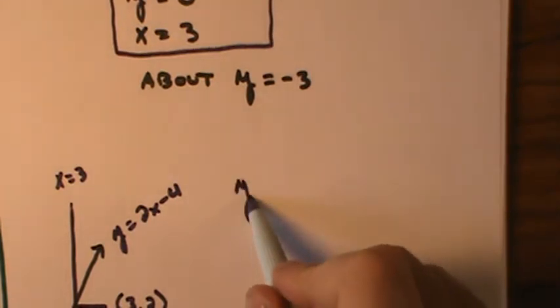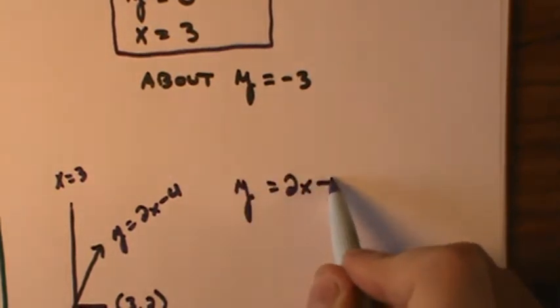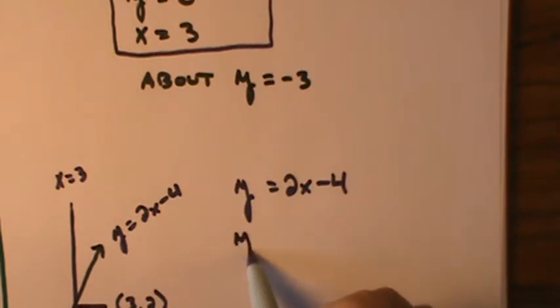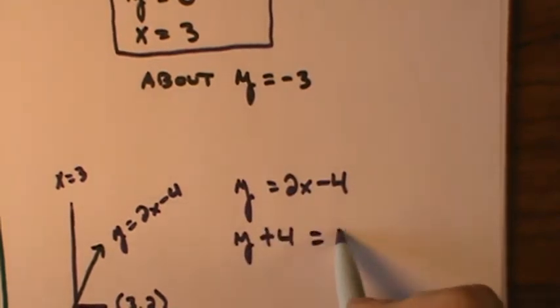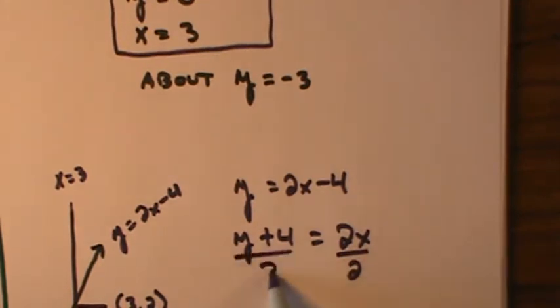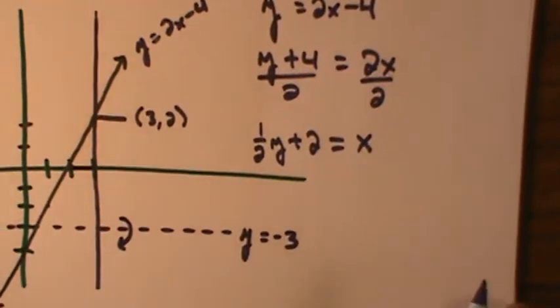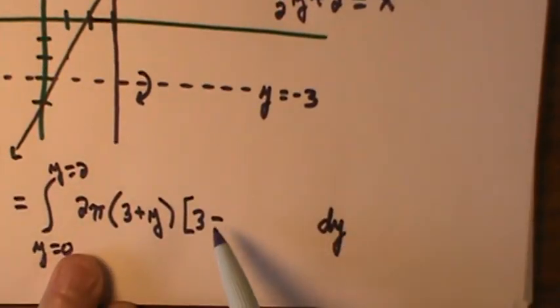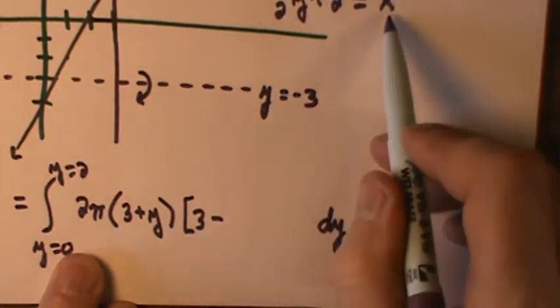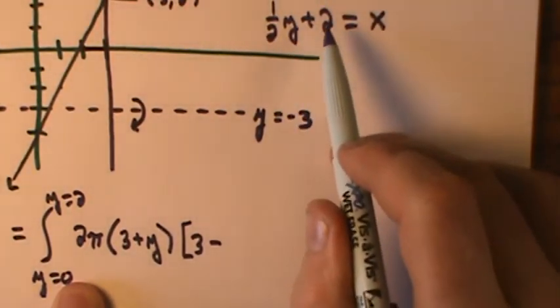So if I have y equals 2x minus 4, I can say y plus 4, by moving the 4 over, equals 2x, and then I can divide by 2. So I can call this 1/2 y plus 2 is equal to x. And that's what I'll put down here then, because I had the line x equals 3 minus this line x equals 1/2 y plus 2.